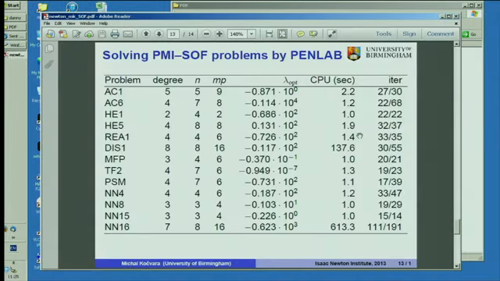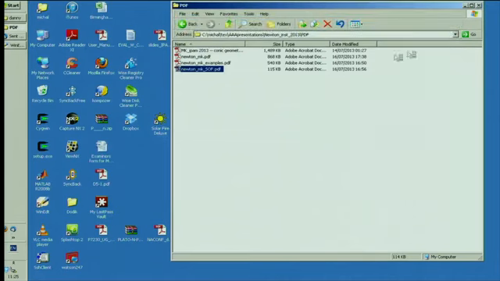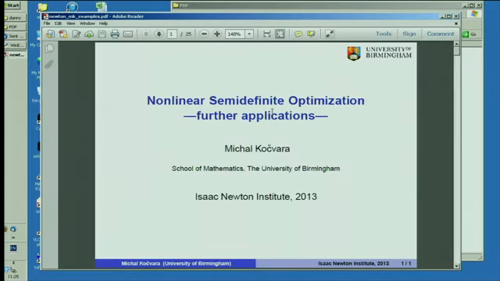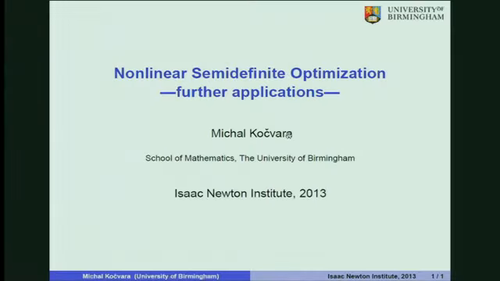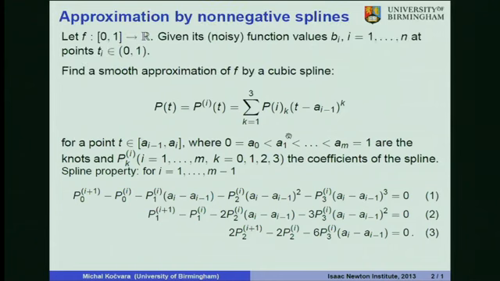Now the next example of nonlinear SDP is approximation by non-negative splines. Completely different area, completely different application. Imagine you have a one-dimensional function which describes something, for instance, the number of hits to a web server or to an email server.